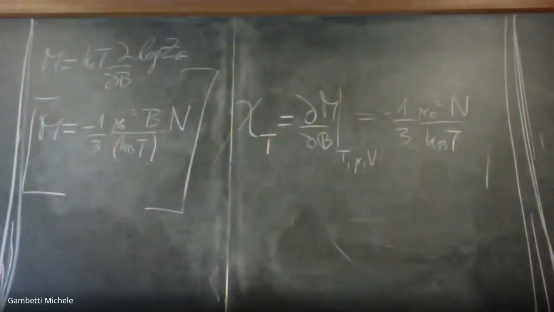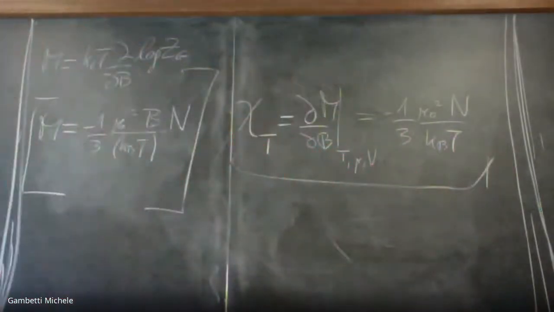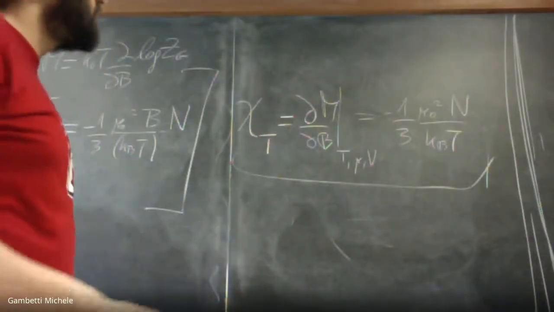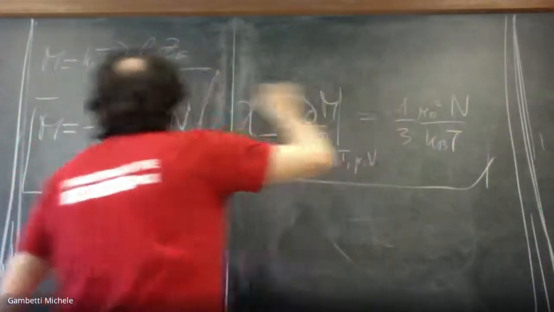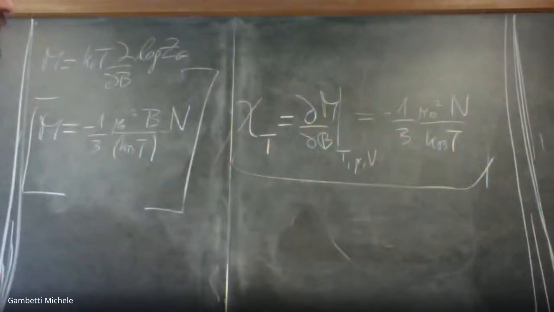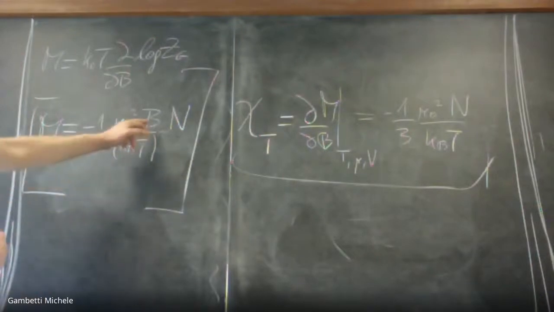Of course, the most interesting thing about this diamagnetism, when we say it's diamagnetic, is basically because of this minus. So if you switch on the magnetic field, you see that the magnetization has just the opposite sign as the magnetic field.